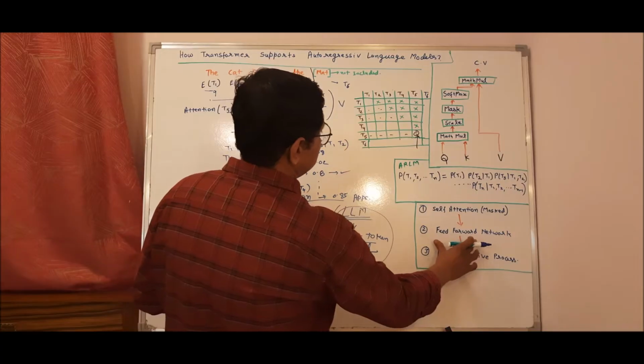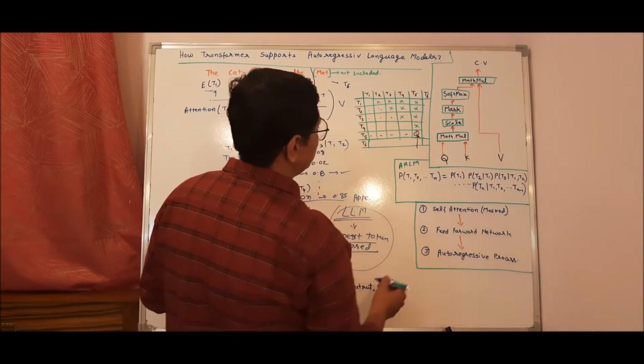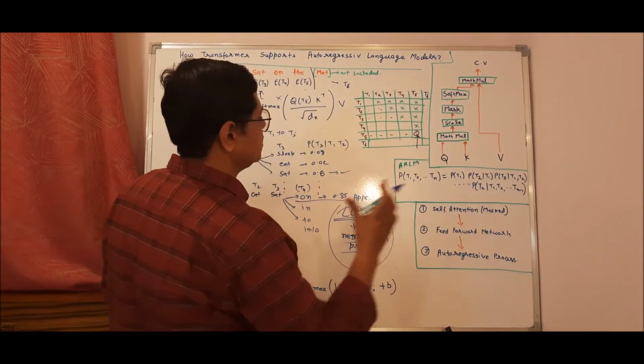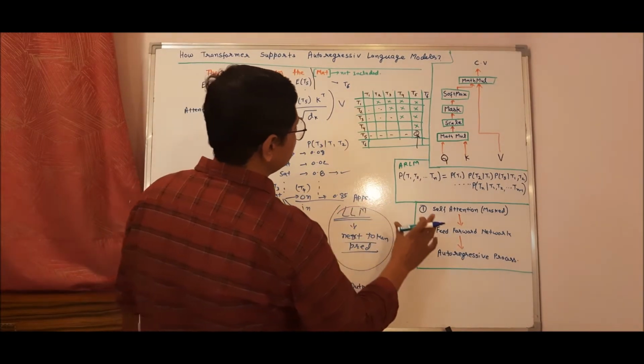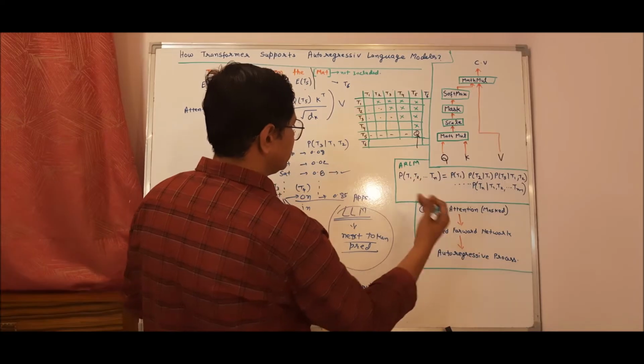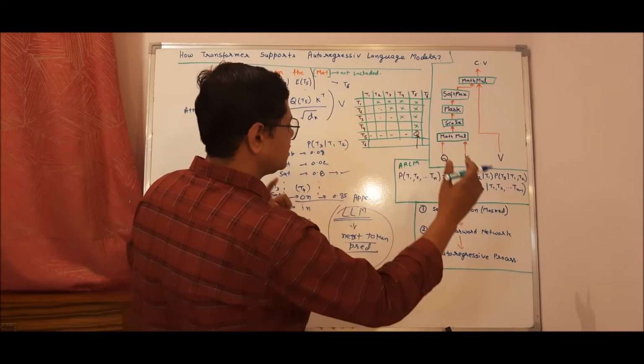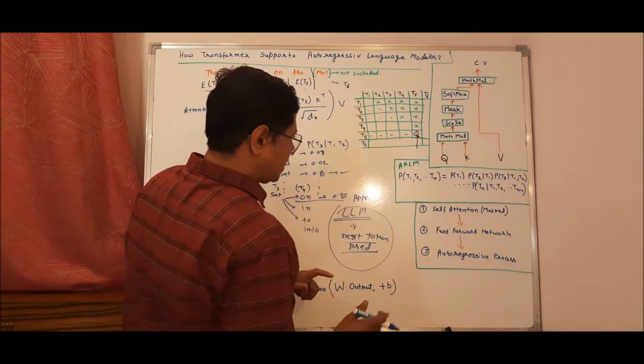Now the next part is the feed forward network. After masked attention, we use the feed forward network. What is the use of the feed forward network? Mostly people use different combinations. Some people use a linear layer, some use a linear layer plus a ReLU layer, then again a linear layer.